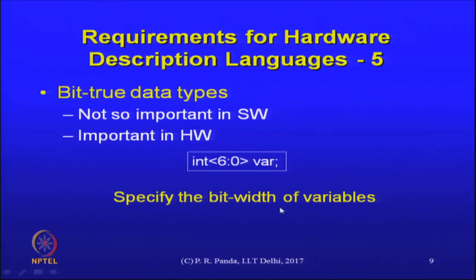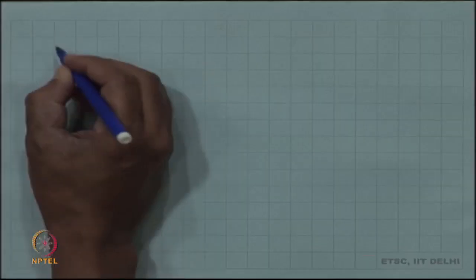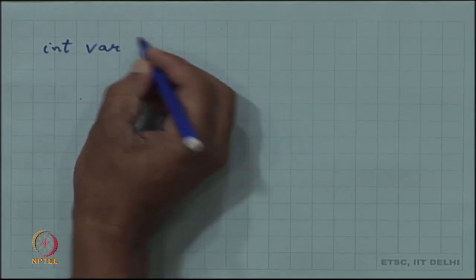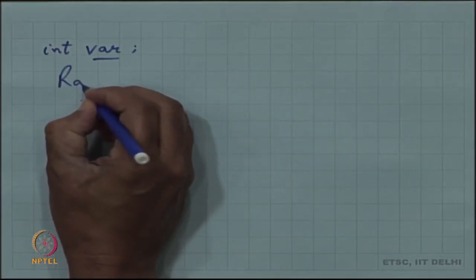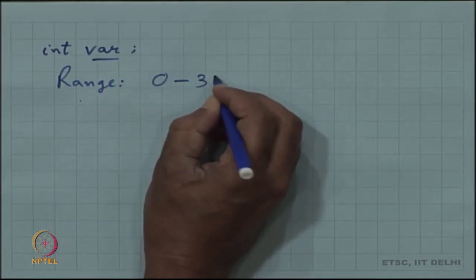This refers to the idea of specifying the bit width of variables. I say something is an integer, but in addition to that, I also have this information: let us say I have an integer called variable. I know the range that that variable can take. So, the range is, let us say, 0 to 31.